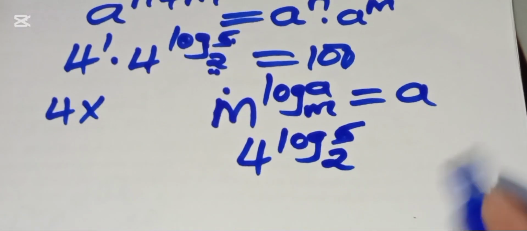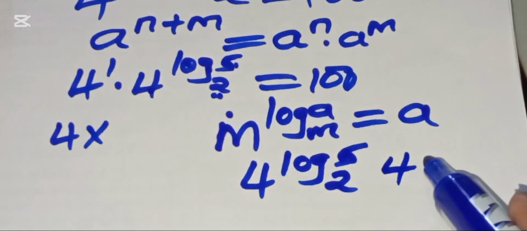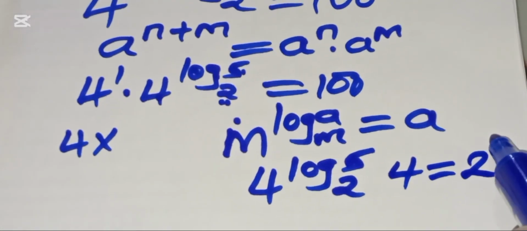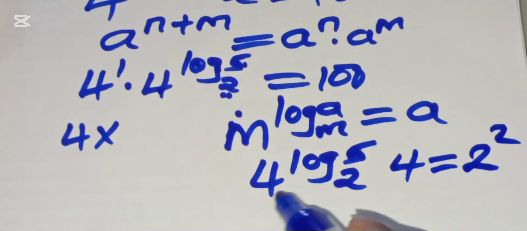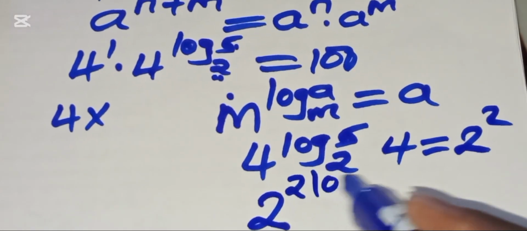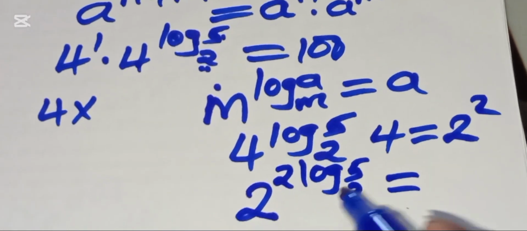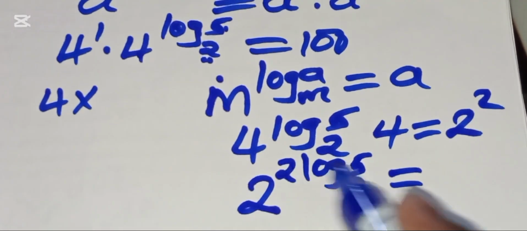Now 4 can be expressed as 2 raised to power 2. So this is the same thing as 2 raised to power 2 log 5 to base 2.